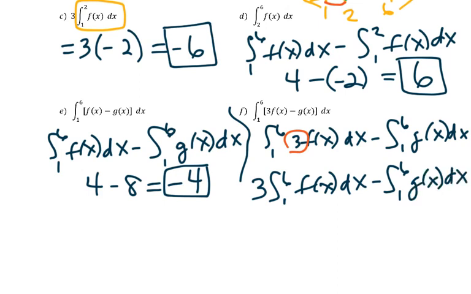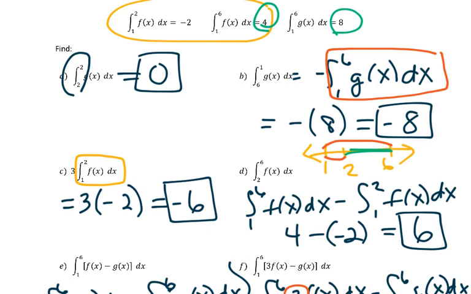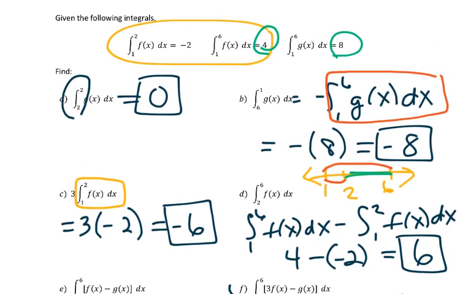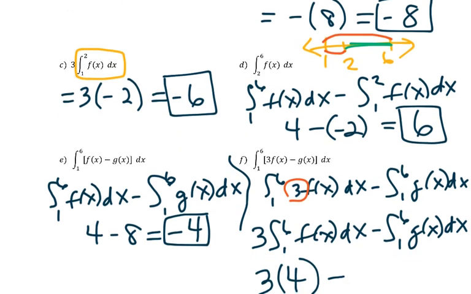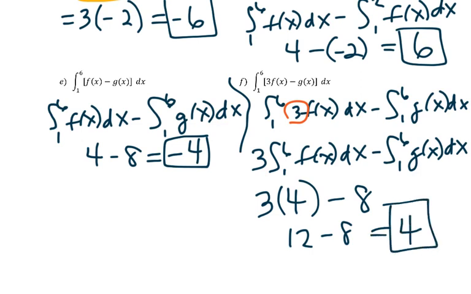Alright, and so this is going to be 3 times, now what is the integral from 1 to 6 of f of x? I feel like we did this, yep, 4. So that should be a 4. And then minus the integral from 1 to 6 of g of x, which is 8. So this becomes 12 minus 8, which is 4. And there you go.